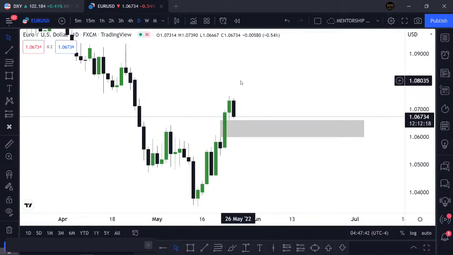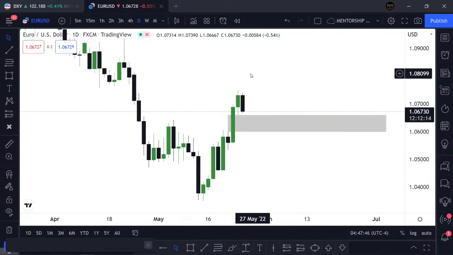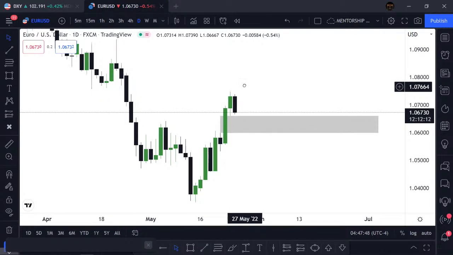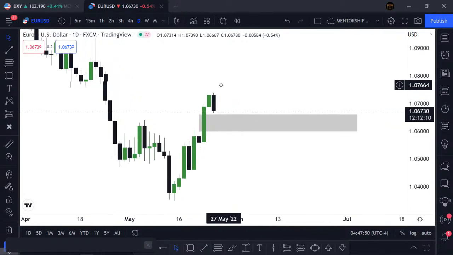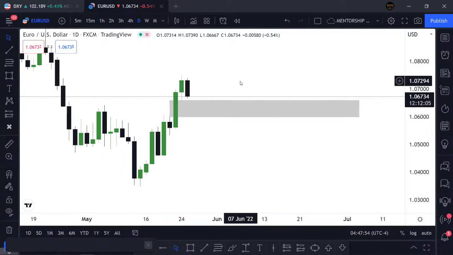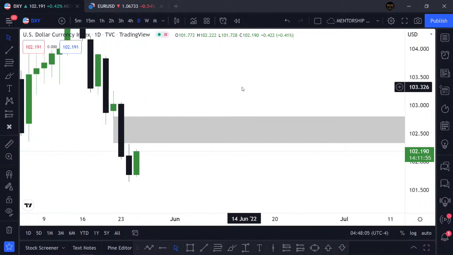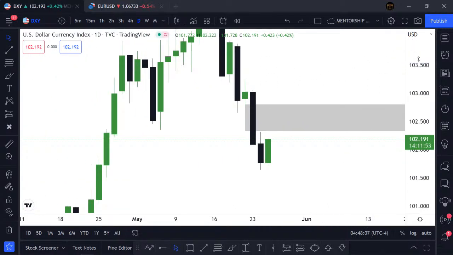Why? If I'm the position trader, those folks trading on daily candles, we have an imbalance here on the Euro USD. Then we also have an imbalance on the DXY or the dollar index. So what will I do on the dollar index?